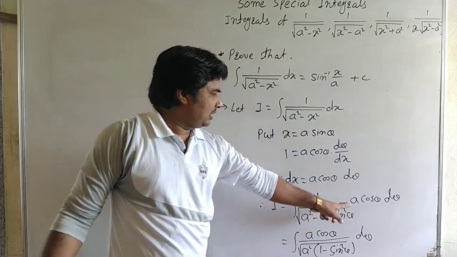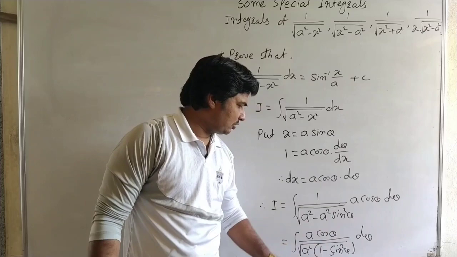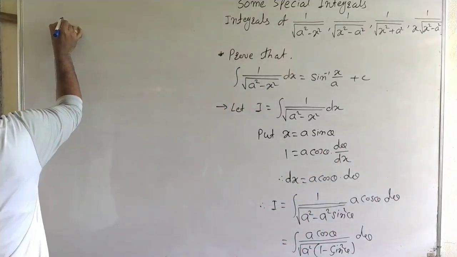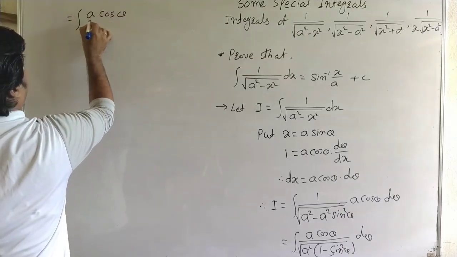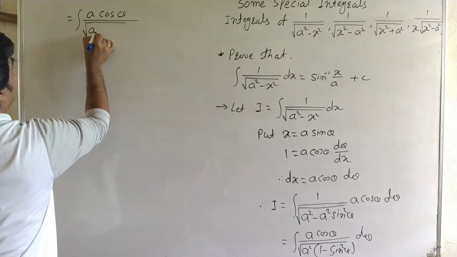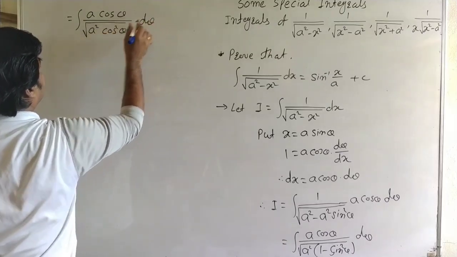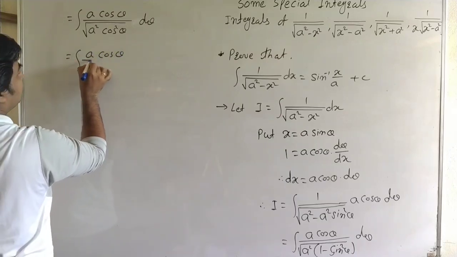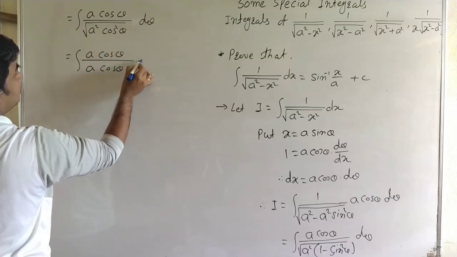Okay, see carefully, we can write here, take a square common, then we get 1 minus sin square theta, and we know that 1 minus sin square theta is cos square theta. Therefore a cos theta upon under root of a square cos square theta d theta, then integral of a cos theta upon a cos theta d theta.